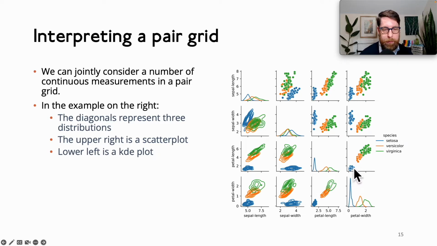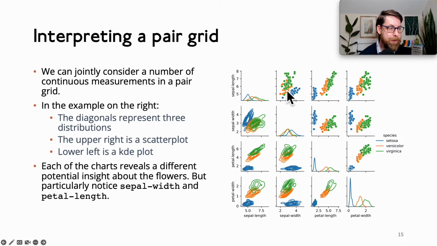We can see the actual observations that were used to produce this KDE plot right here. And on the diagonal, because it's sepal length by sepal length, it just shows the distribution. Now, because we've faceted it by the three flowers, we can show the X and Y and by color here. So we're really getting a lot of information in this one.